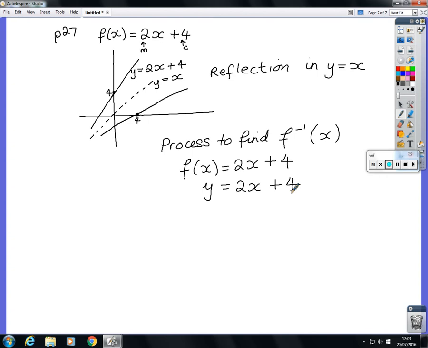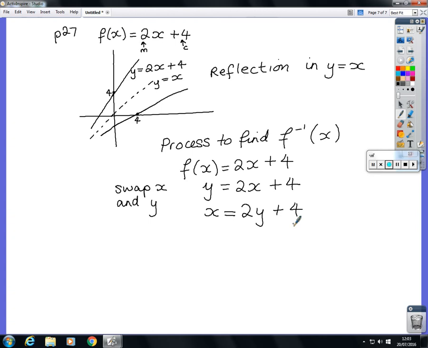Now we'll swap the x and the y. So on the left we have y, so we will just put that as x, and here we're going to change the x into y. So it's really just changing the letters round without doing any maths at all.